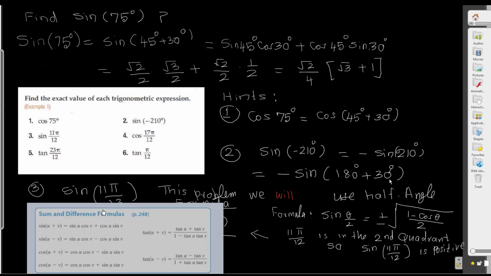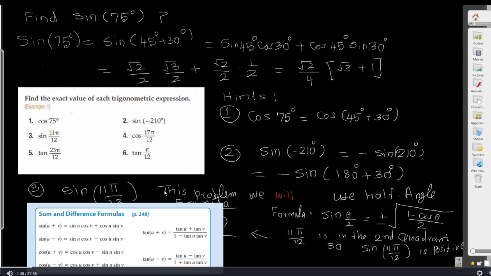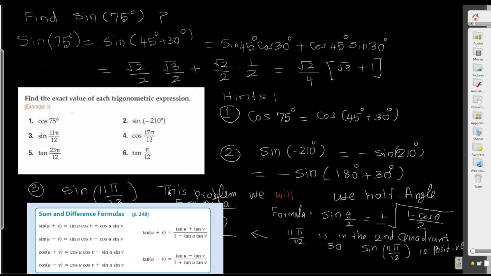So you can use that double angle approach. So 11 pi over 12 is the same as 11 pi over 6. That's one way of doing it. Or you could do the sum or difference of two angles. So 11 pi over 12, you can break it like pi minus pi over 12.